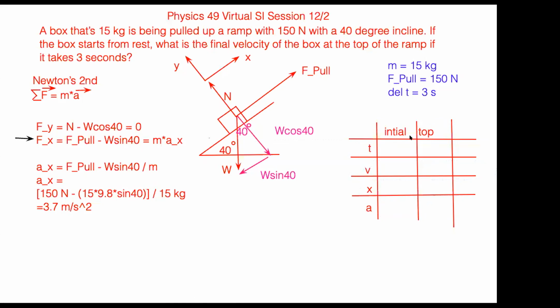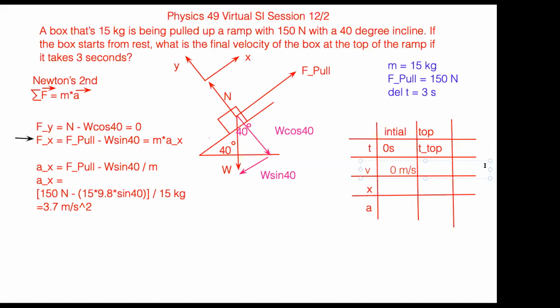So initially, this is 0 seconds. And then the top, we don't know, so we'll say time underscore top. Velocity, since it starts from rest, it's 0 meters per second.